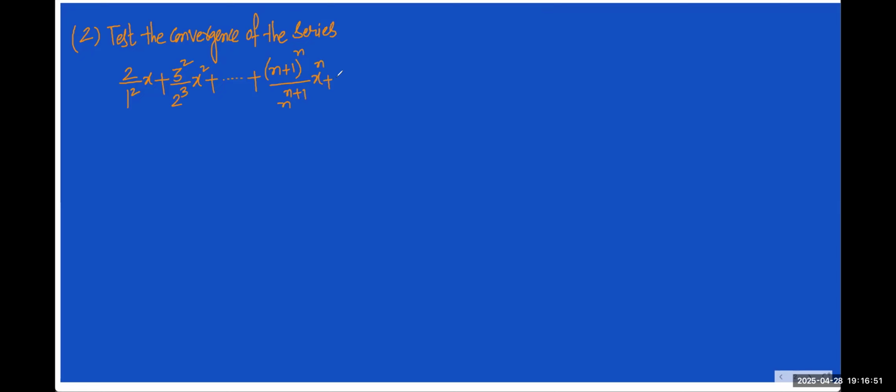Second question is, test the convergence of the series 2 by 1 square into x plus 3 square by 2 cube into x square plus and so on, plus (n plus 1) raised to the power of n divided by n to the power of n plus 1 into x power n, plus and so on.